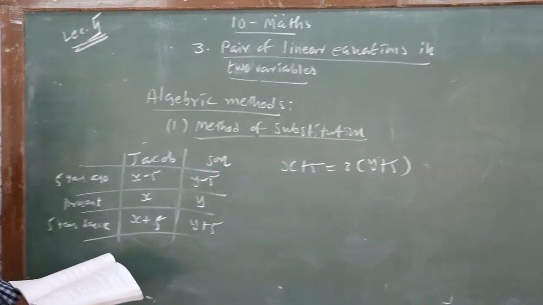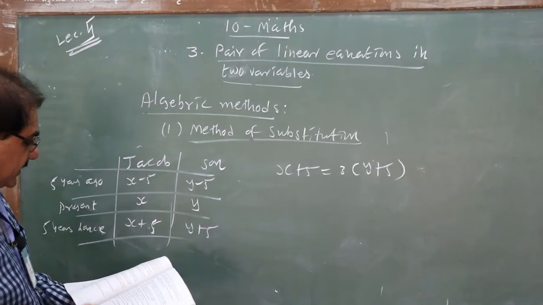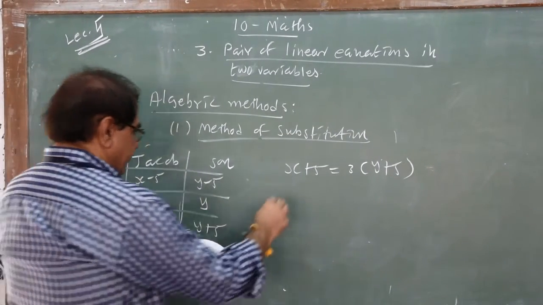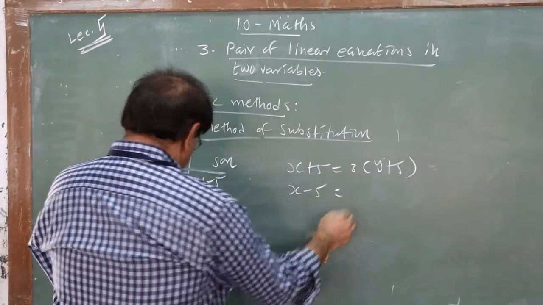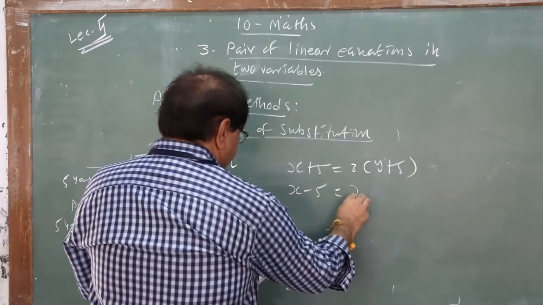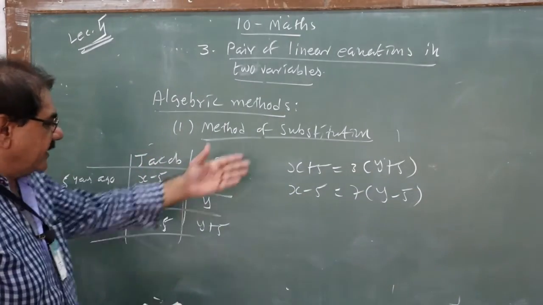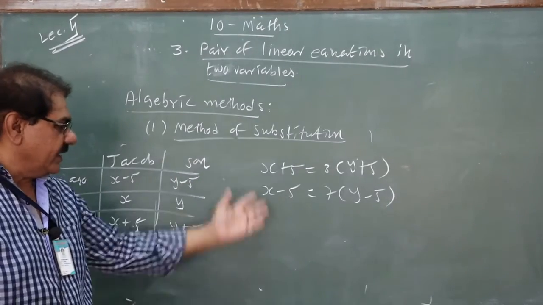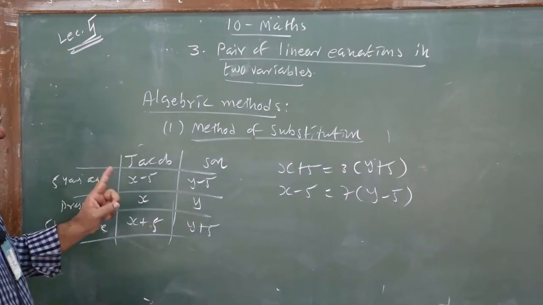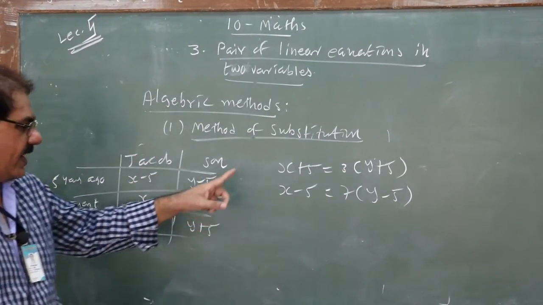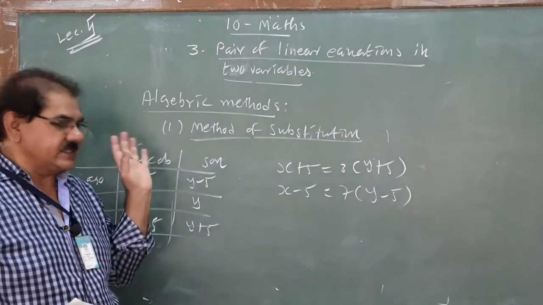So what is the comparison given before 5 years? 5 years ago, Jacob was 7 times the age of his son. So these are the 2 equations. Solve them, get the values of x and y. X is the present age of Jacob and y is the present age of his son.